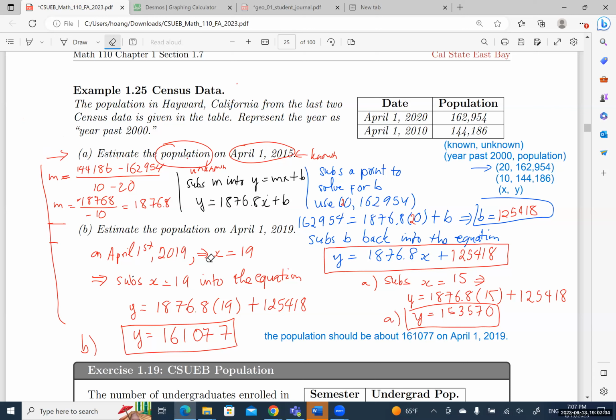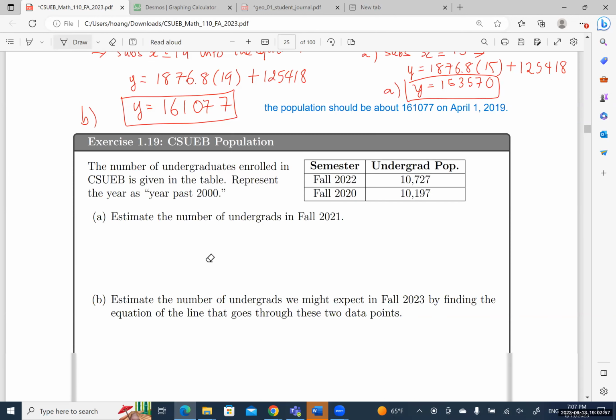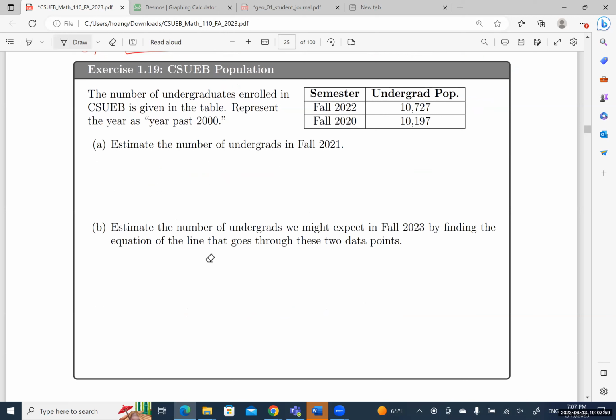We need more space for that. Okay, so now we're going to skip this one, and I'm going to give you the answer key for that.